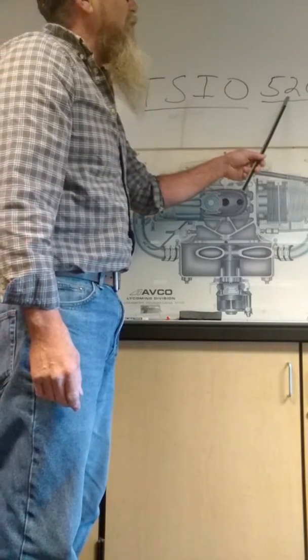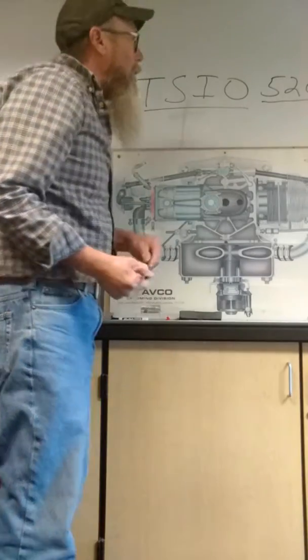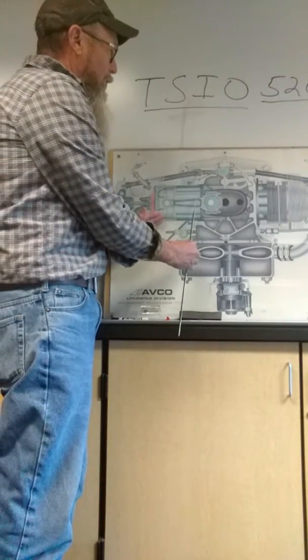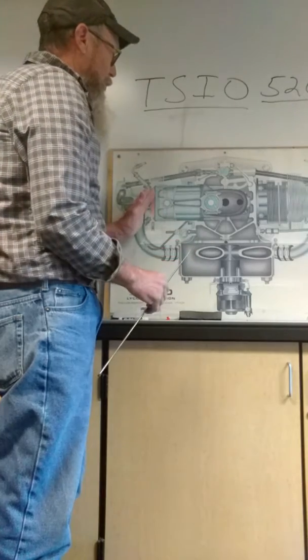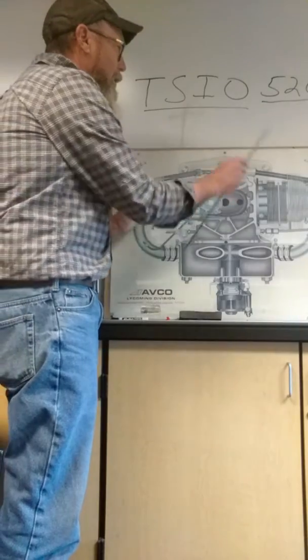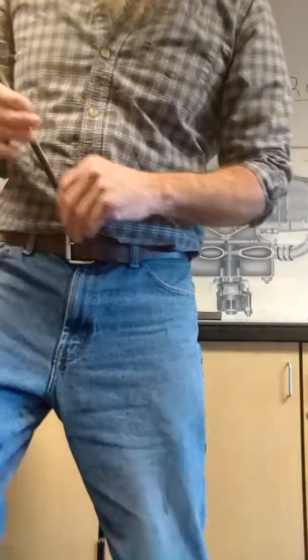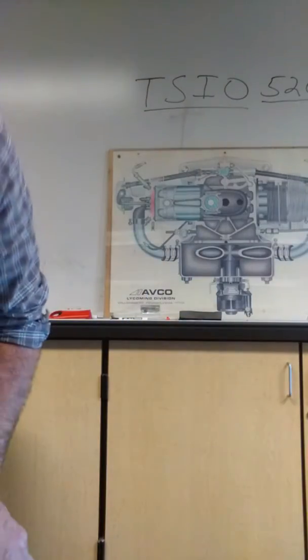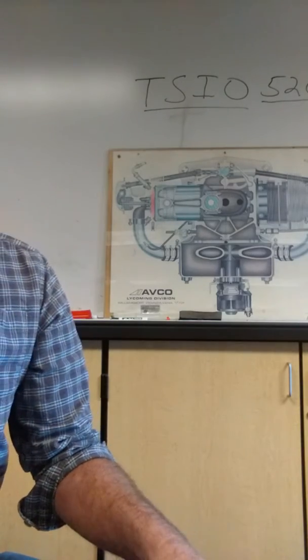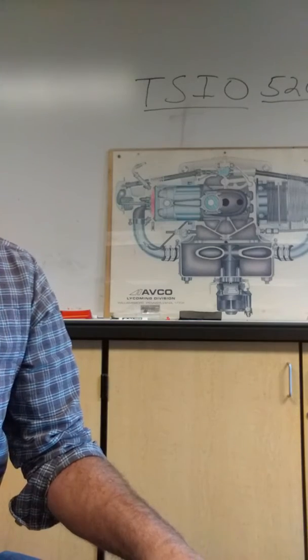And then the engine is 520 cubic inches, and that's the amount of piston displacement. So where your piston's down here at bottom center, compared to your piston up here at top center, that area that the piston displaces times the number of cylinders makes up the cubic inch size of the engine, which we'll be learning about later, and how that formula all works.